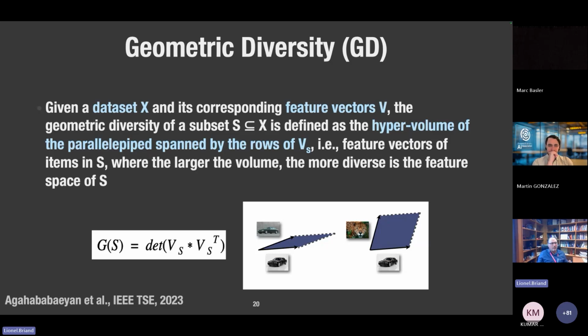And the way we measure diversity is in geometric terms. That is, as you can see here on the slide, if two images are similar, the feature vectors are close to each other, and the hypervolume of the parallelepiped between those vectors is small. Whereas if images are very, very different in terms of feature vectors, we have a large hypervolume. So we found a computationally effective way of computing that hypervolume.